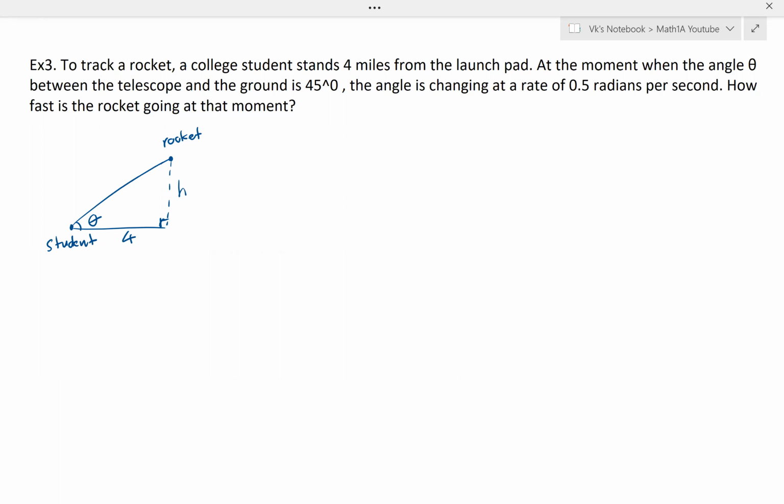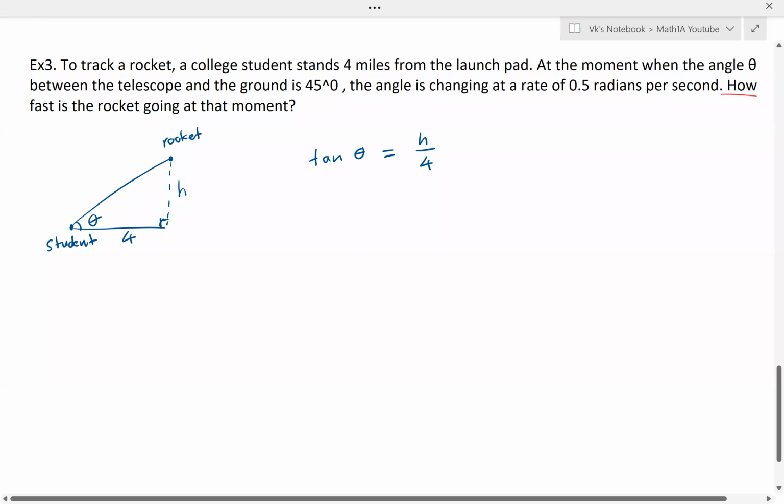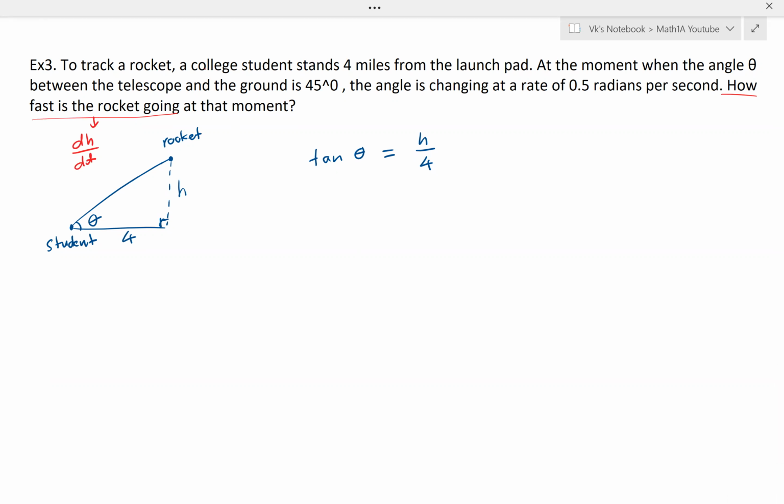Now, based on this right triangle, it makes sense to use tangent. Tangent of the angle theta is h over 4. And dh over dt is the speed of the rocket. So we got to take the derivative with respect to t on both sides.